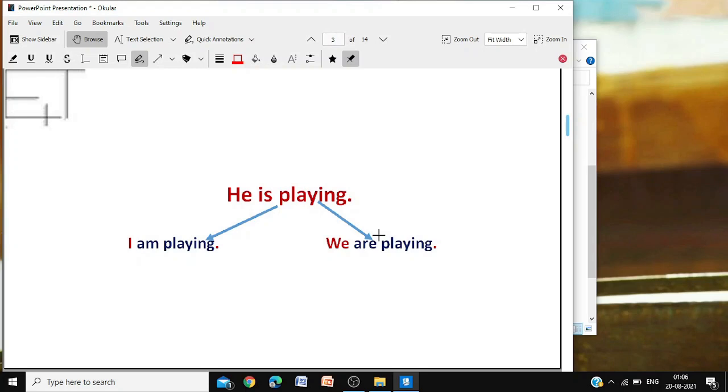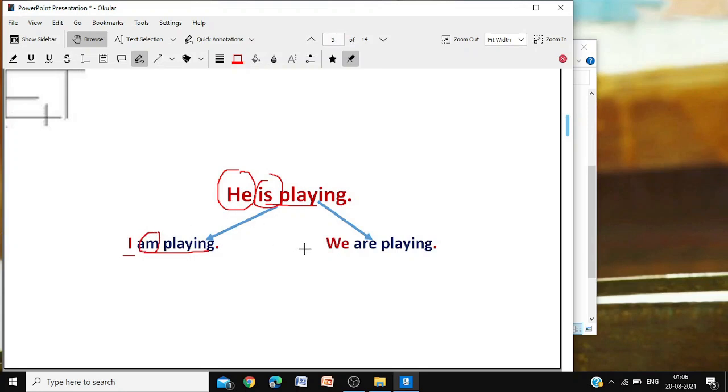Let us take a simple sentence. He is playing. Now let us change this subject, he. When he is changed to I, the verb is playing becomes am playing. In other words, is changes to am.